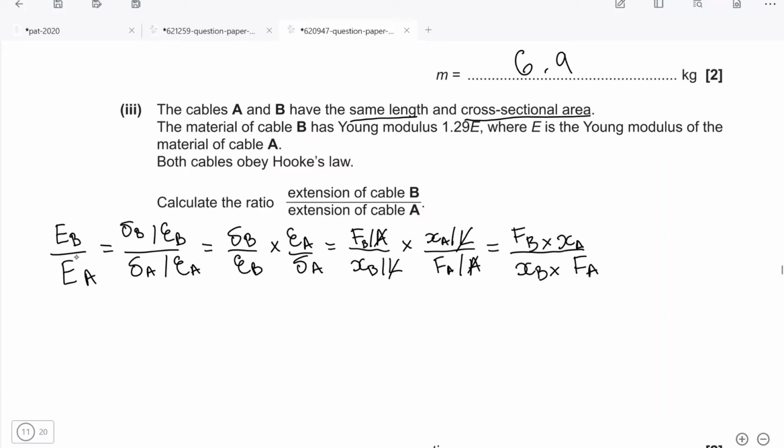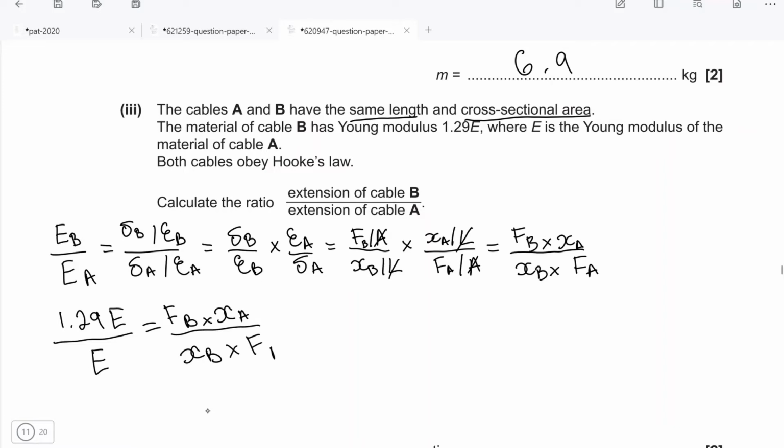Well, EB over EA is actually equal to 1.29E divided by E, and this will equal FB times XA divided by XB times FA.